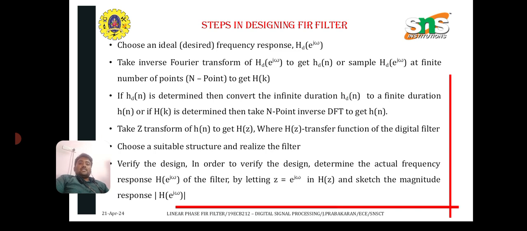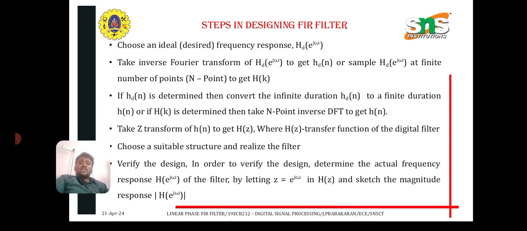The second step is to take the inverse Fourier transform, because for frequency to time domain conversion we apply the inverse Fourier transform. Take the inverse Fourier transform of HD of e power j omega to get small hd of n.